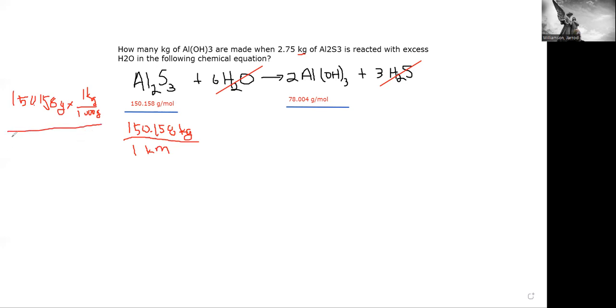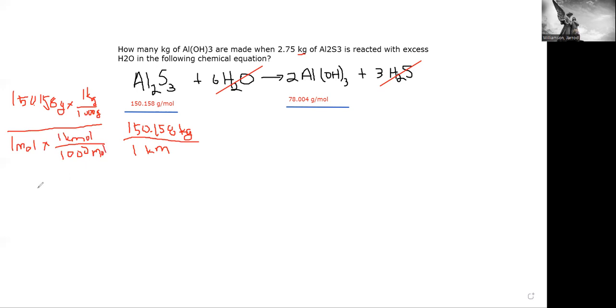But I can take 1 mole, because this is 150.158 grams per 1 mole, and 1 kilomole is 1,000 moles.